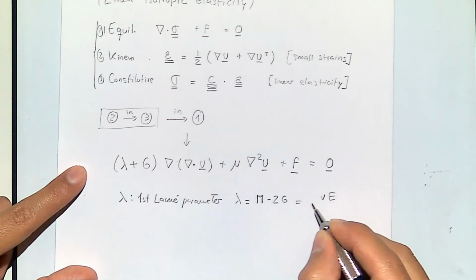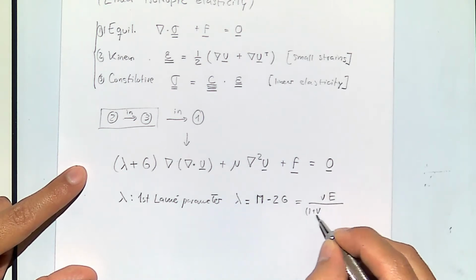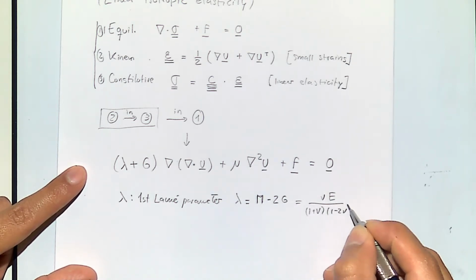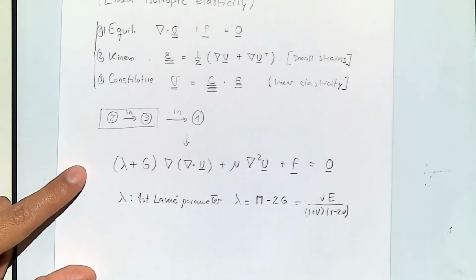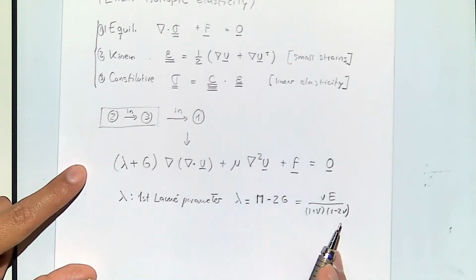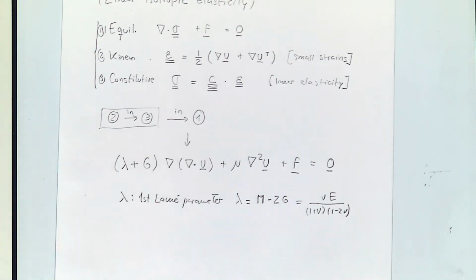But if I remember correctly, this is like this. Does someone remember that? I believe this is it. Let me check it quickly. G is the shear modulus. And shear modulus is M modulus divided by 2 times 1 plus the Poisson ratio. Yes, that should be correct.